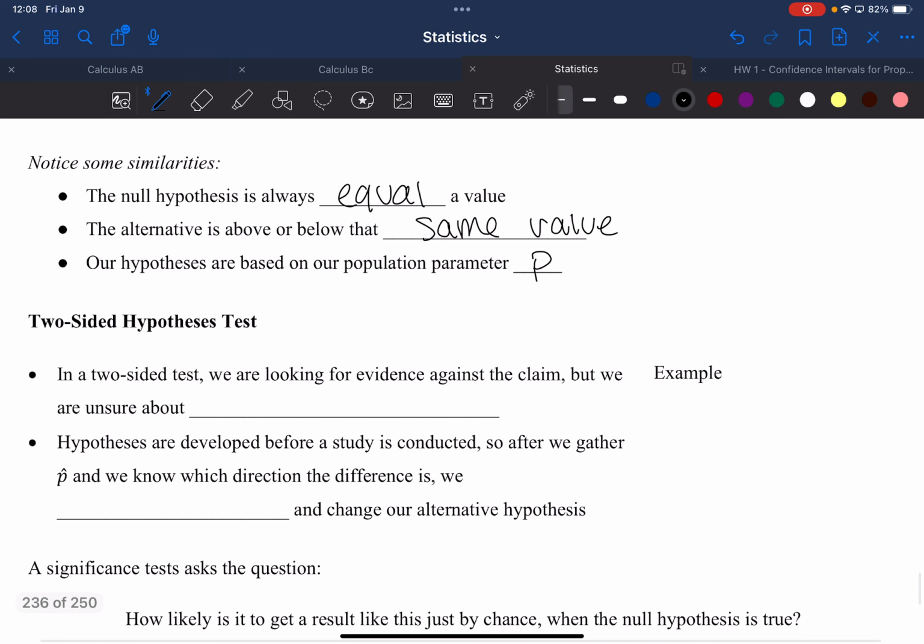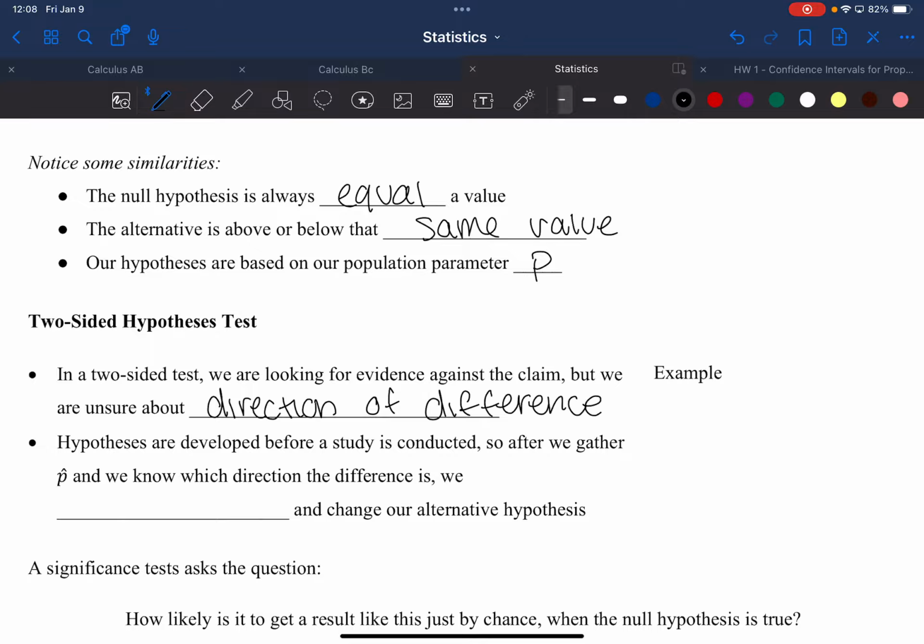Okay, so the other type of hypothesis test is a two-sided test. Instead of just using one side, we're going to use two. In a two-sided test, we are looking for evidence against the claim, but we are unsure about the direction of difference.